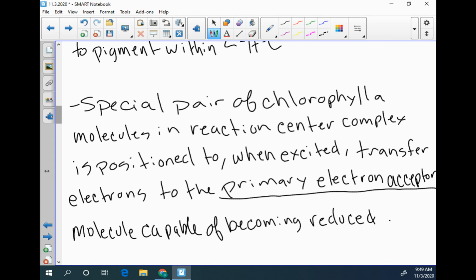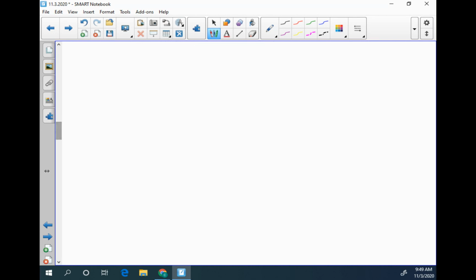So, kind of our AP big idea here, I know it's kind of wordy, is that the solar-powered transfer of electrons from the reaction center chlorophyll A to the primary electron acceptor is the first step of the light reactions.